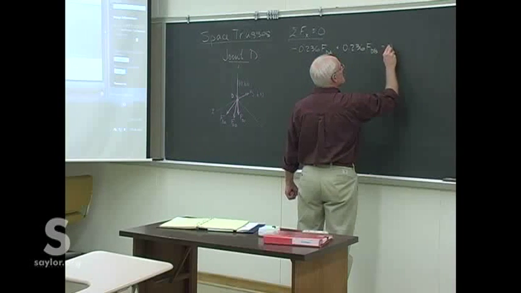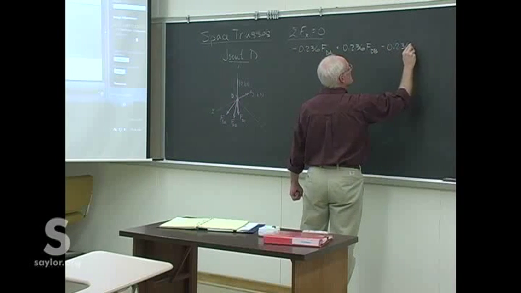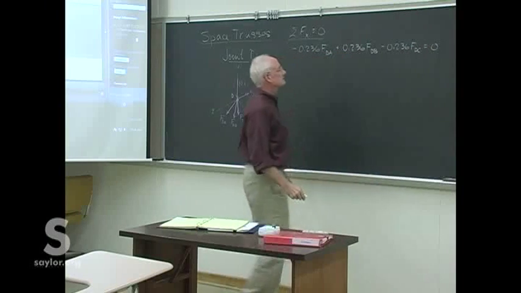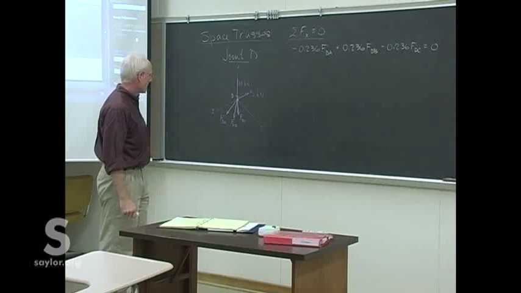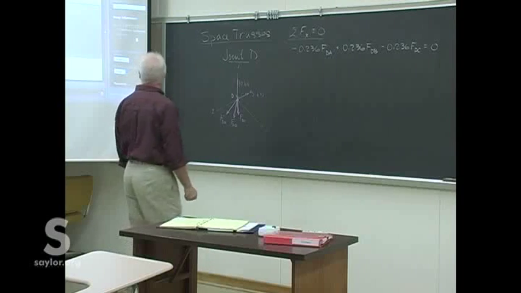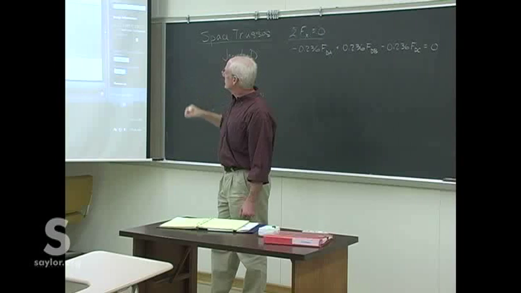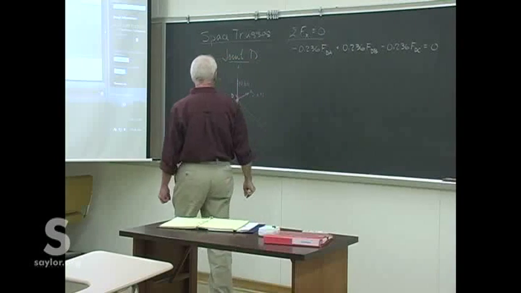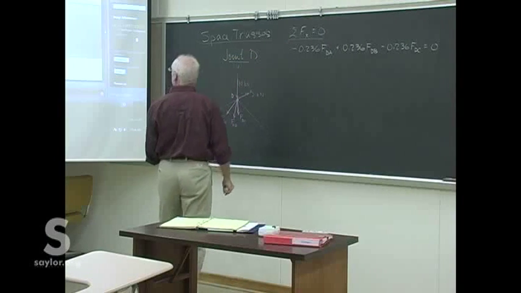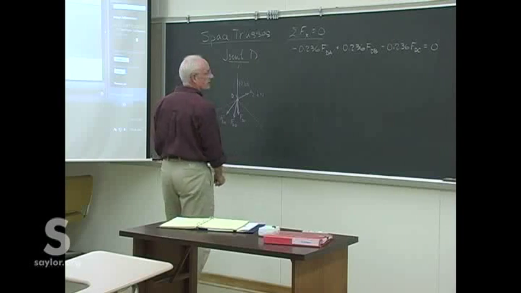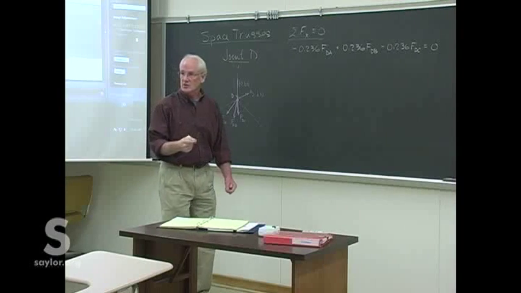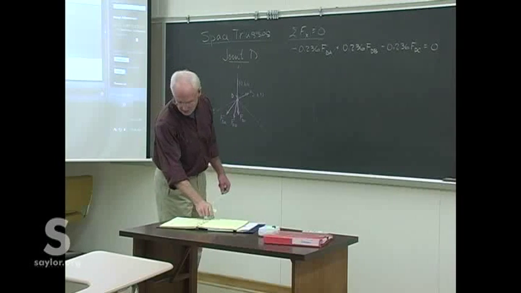And then DC is 0.236 back. Which makes sense. From D to all those other pieces is the same amount in the X direction for each of them. Each of those in the X direction goes across half of the pyramid. I guess you could look at it like that.